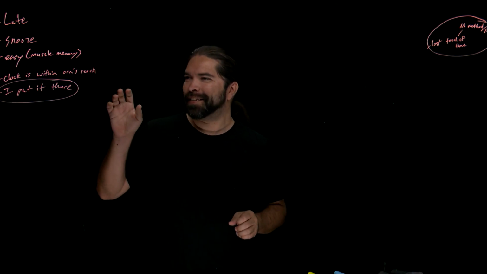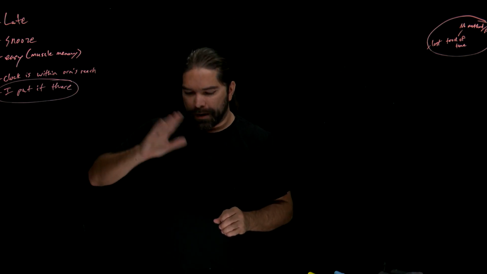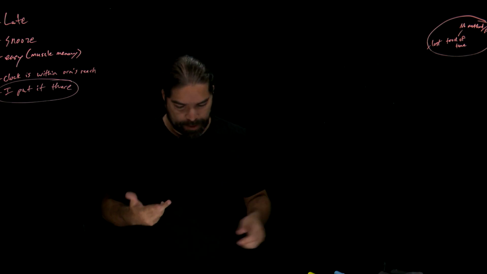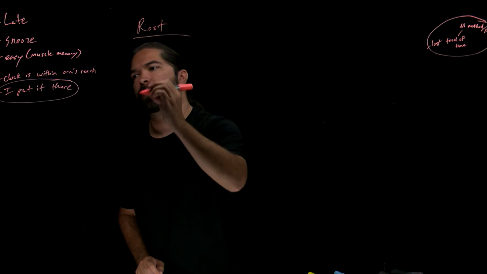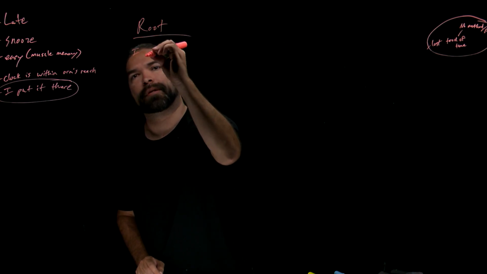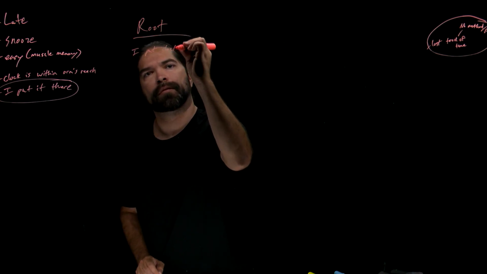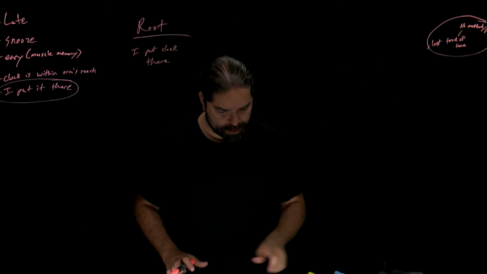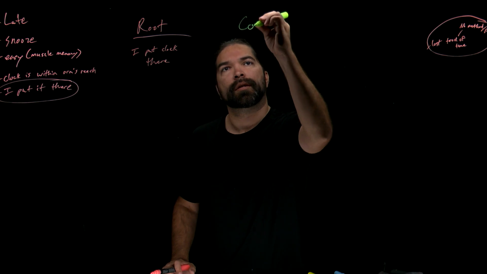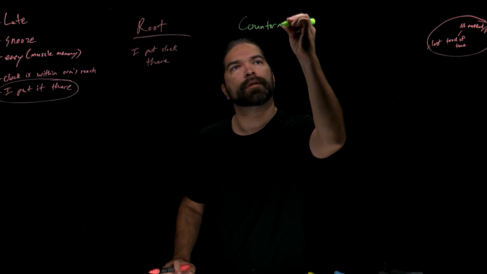All right. So let's say we're talking about, I put the alarm clock there. If that's my root, if the root has to do with me putting the clock there, then what are some countermeasures? I'll use a different color for this. Countermeasures.